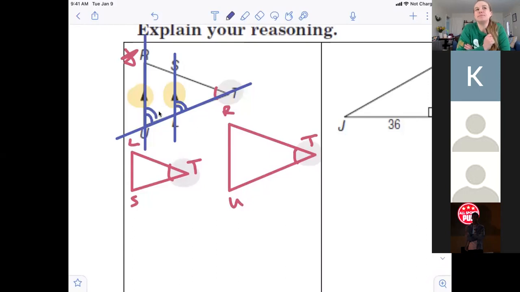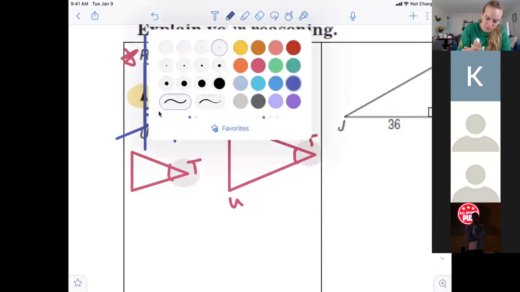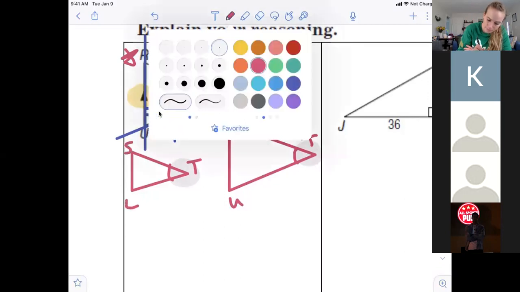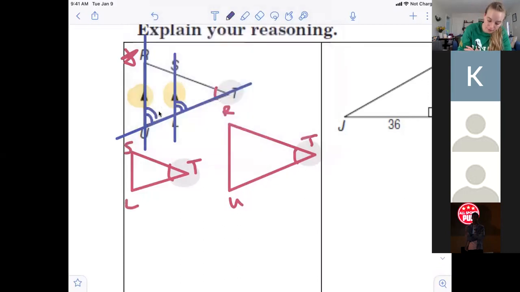We had like vertical and linear and alternate interior and corresponding and consecutive interior and alternate exterior. I realize my L and S need to be flipped, so let me flip those. Who remembers what we call those two angles, U and L? Why are they congruent? Are they corresponding? They are corresponding. Very good, Kamara. They are corresponding.